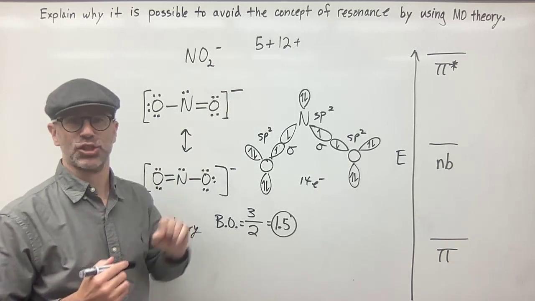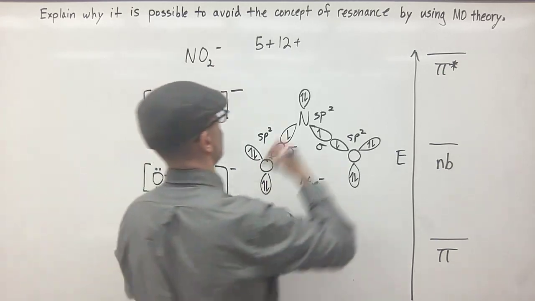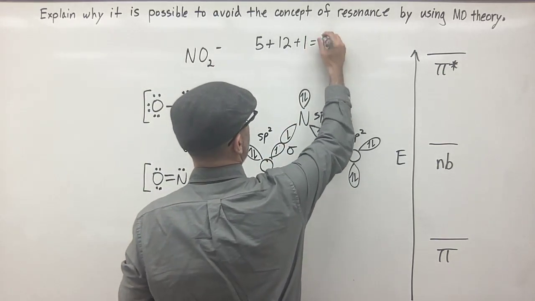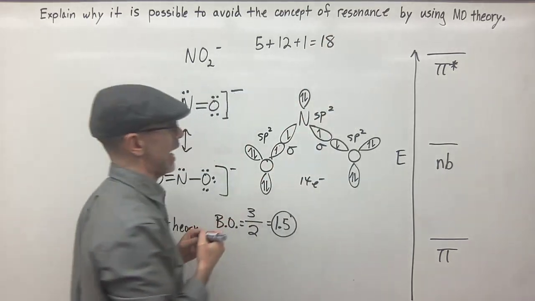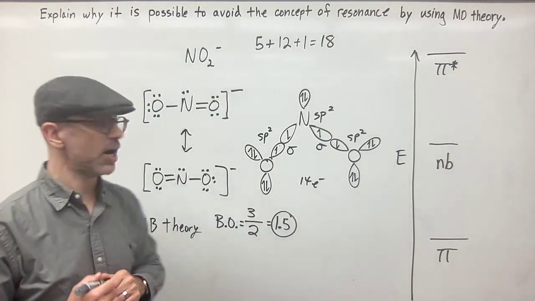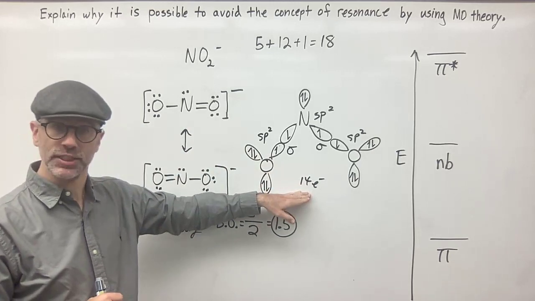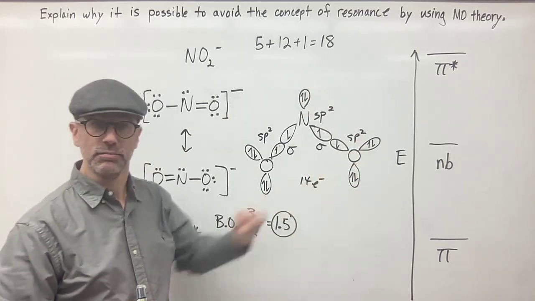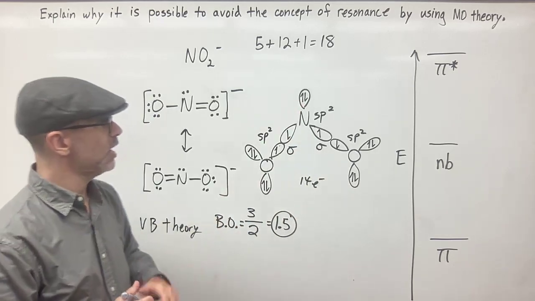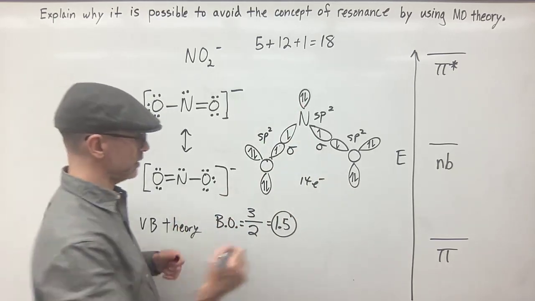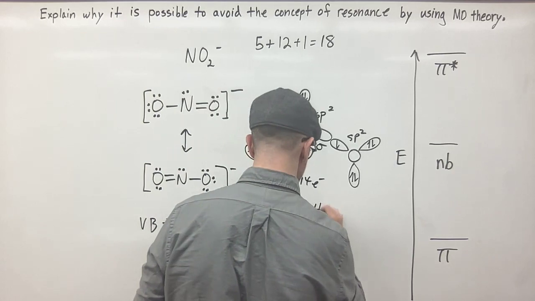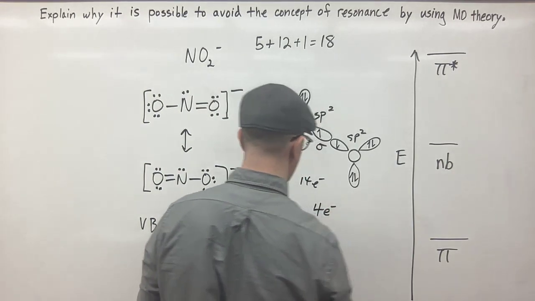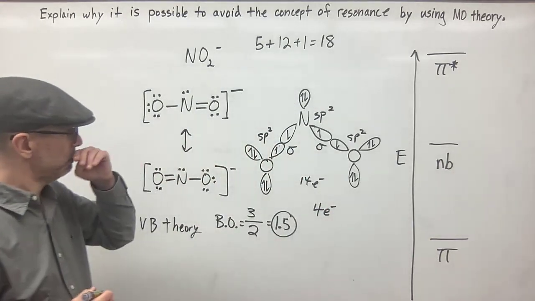That means I have an extra electron, so I have to add 1 to my total, and I add that up, I get 18 total valence electrons. I used 14 so far in my sigma bonding structure here. That means I have 4 left. So 4 electrons are left over.